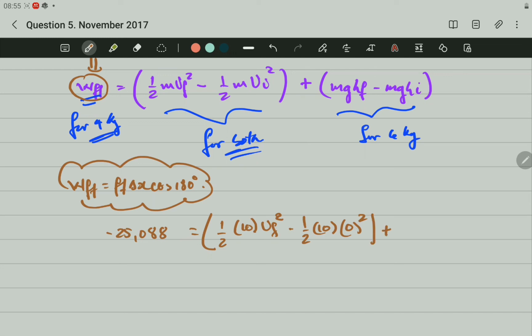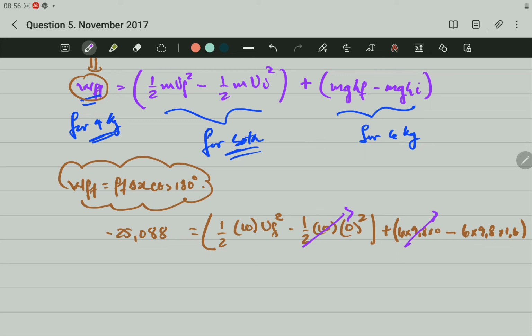Okay, plus, and here we have mass, this one is only for the 6. 6 times 9,8 multiplied by the final height, which is 0, minus 6 multiplied by 9,8 multiplied by the initial height. Let me fix this so it fits. Here we are. So this one here is 0, this one here is 0, and this one here is 0.